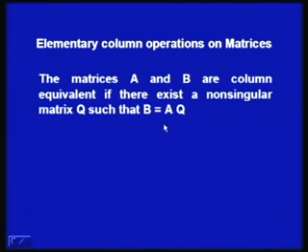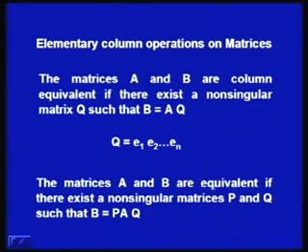That is the basic difference between row operations and column operations. And this matrix Q is actually a series of elementary column matrices, E1, E2, En. I am using small letters E1, E2, En to denote the elementary column matrices. So, Q is equal to E1 E2 En.